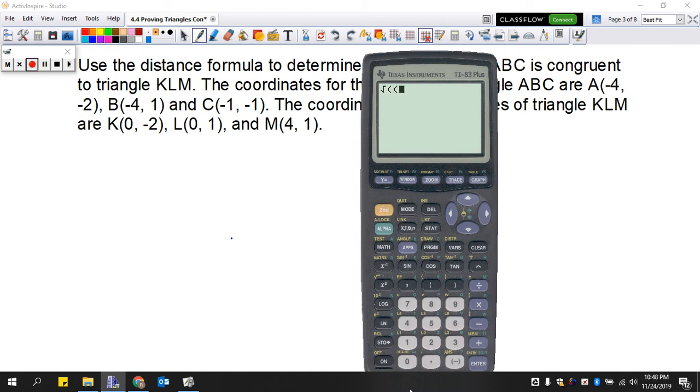So we have -4 minus -4, closing parentheses, plus parentheses -2 minus 1, square it. I forgot to square this over here.